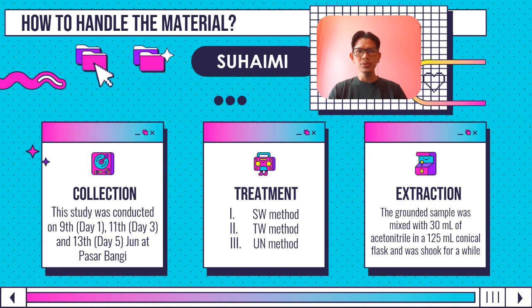Number 2, TW method. The sample is soaked in tap water for 1 hour before extraction. And number 3, UN method. The samples are left unwashed.